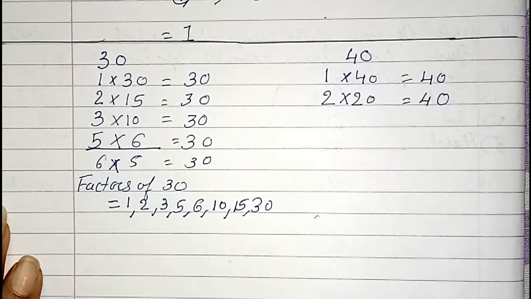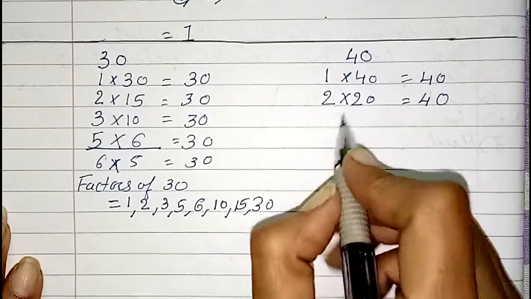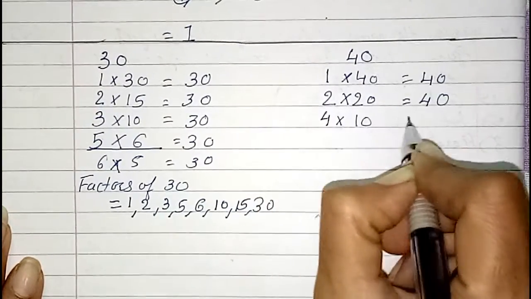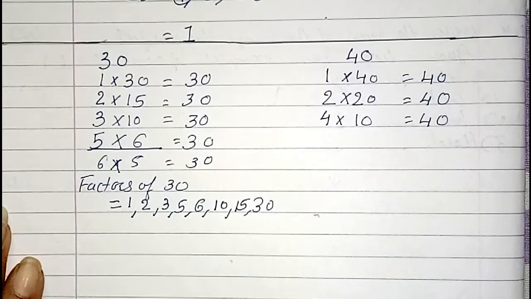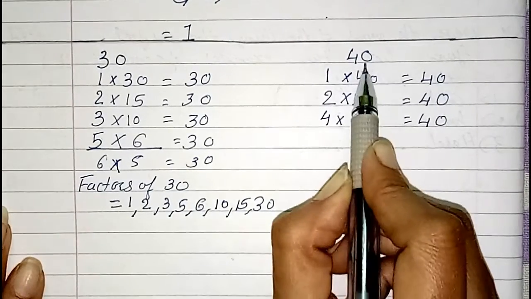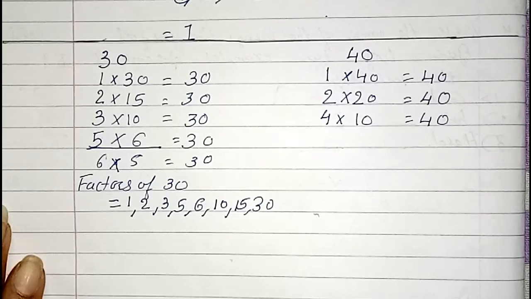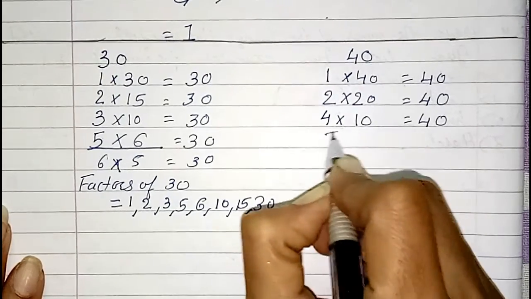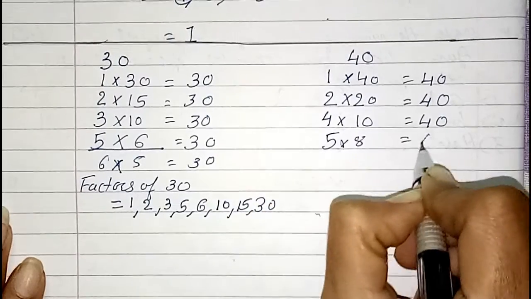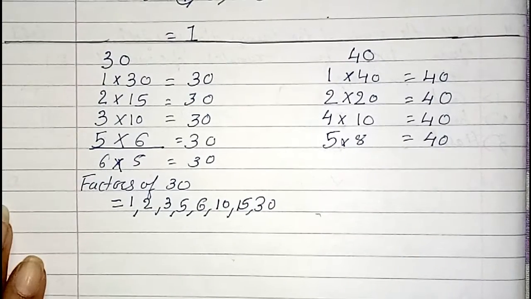Then check 4. 40 divided by 4. So yes, 4 tens are 40. 5 is possible. Check the ones place: 0 or 5. Yes, it is 0. So 40 can be divided by 5. So 5 eights are 40.